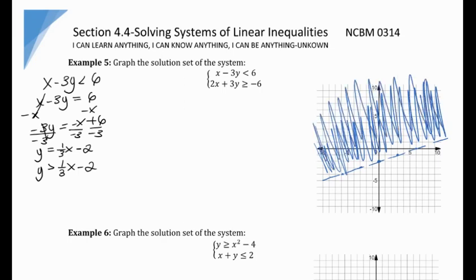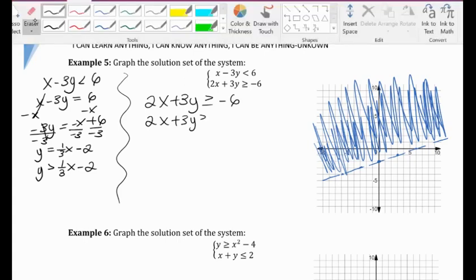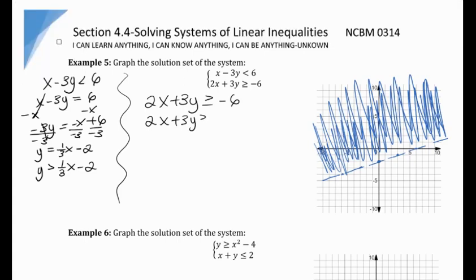All right, let's go ahead and do the next line. We have 2x plus 3y is greater than or equal to negative 6. So 2x plus 3y is equal to negative 6.